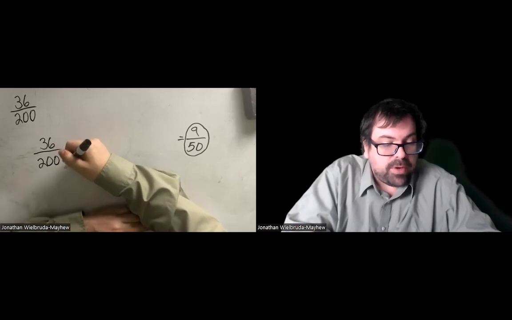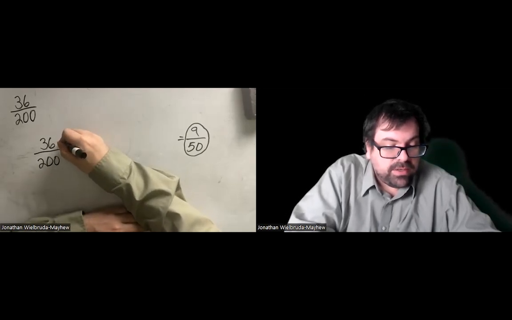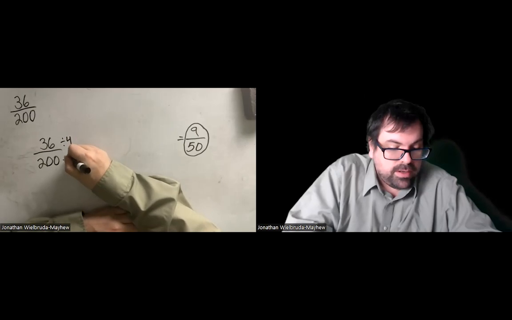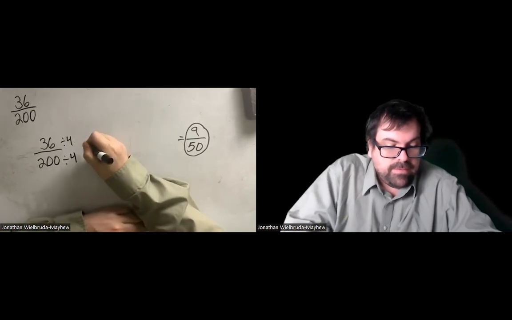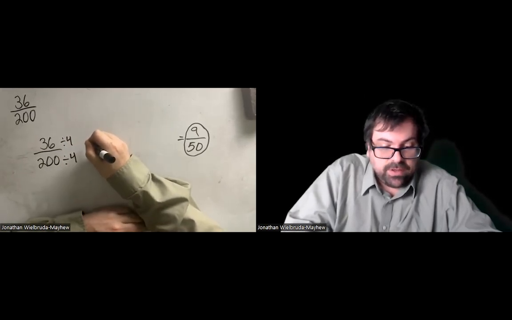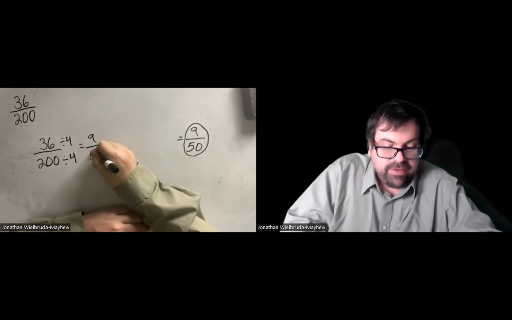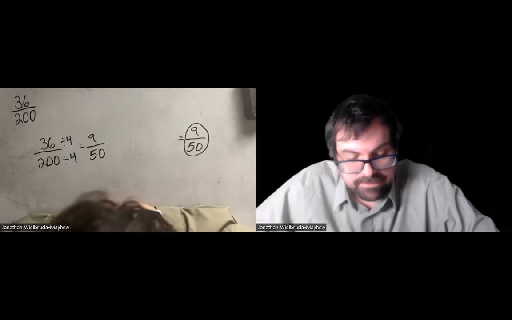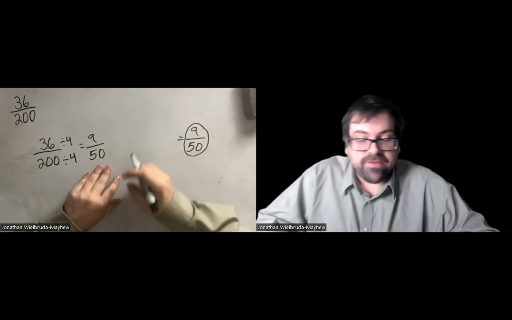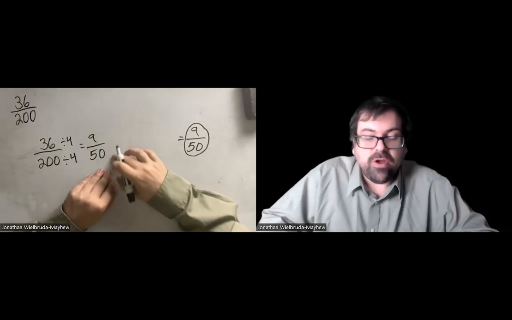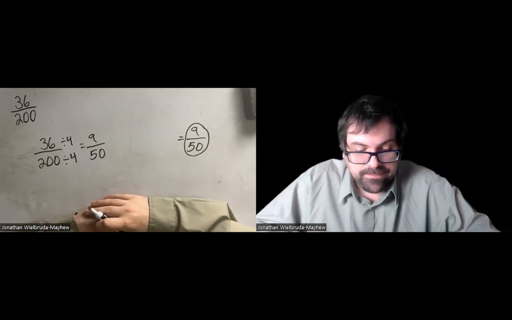Maybe you notice that both of these are divisible by 4. 36 divided by 4 is 9. 200 divided by 4 is 50. We know we're done when we hit 9/50ths because 9 and 50 have no factors in common.